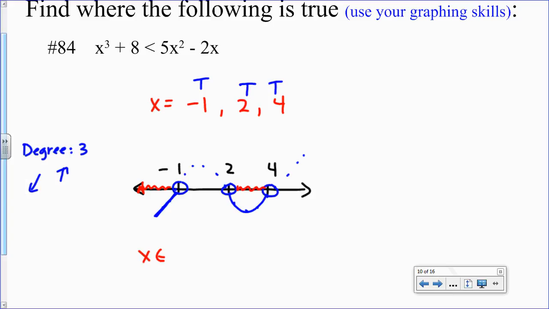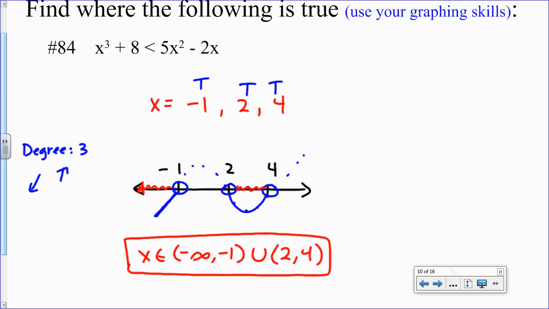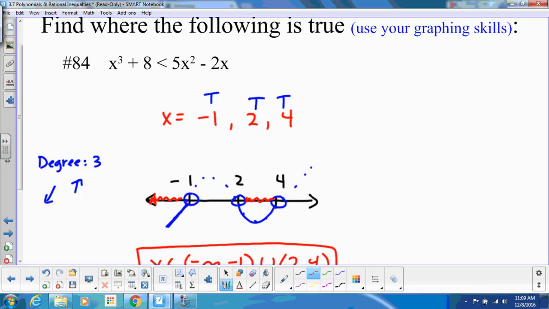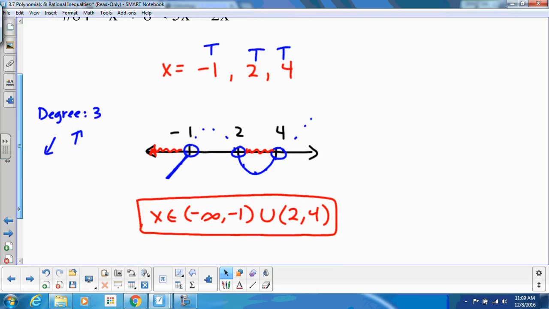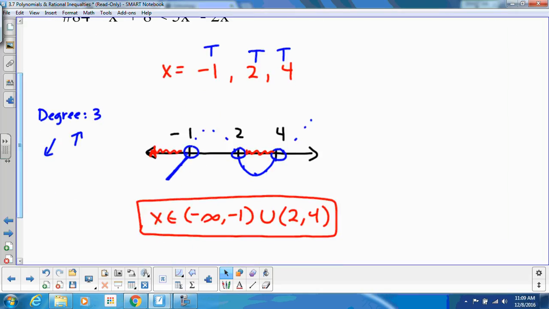So I have negative infinity to negative 1, and then I have from 2 to 4. Okay? Questions about that? Okay, we'll stop there and we'll get finished up tomorrow.